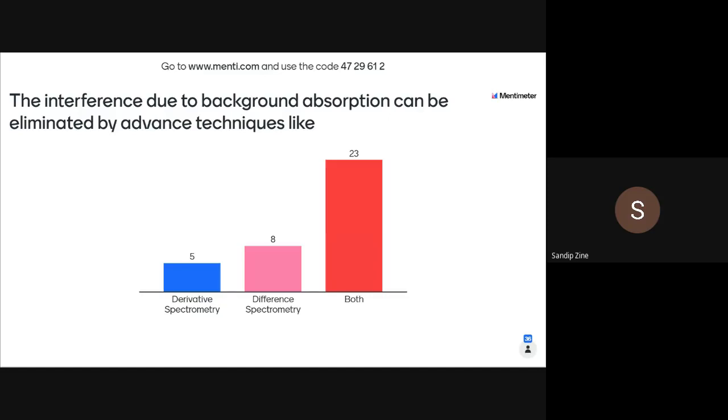Whatever UV spectra is there, or whatever output is there of UV spectra, whatever the graphical output we are recording, what will be on x-axis and y-axis, or maybe which are the parameters, what versus what?